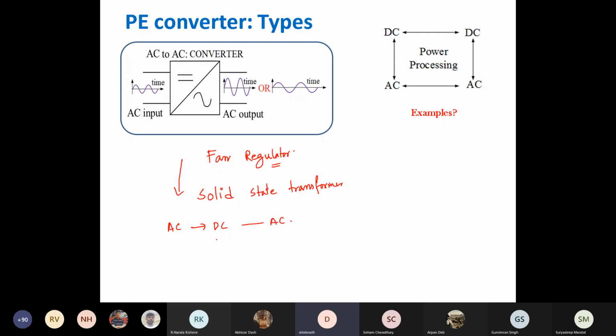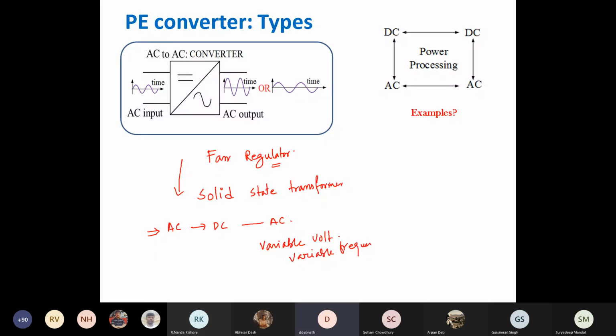But if you want to control it, for example, in a motor drive system, we want the output AC voltage to be varied in a wide voltage range, wide frequency range. We'll teach you about this later. So if we want variable voltage, variable frequency, some of you already said induction motor, right?